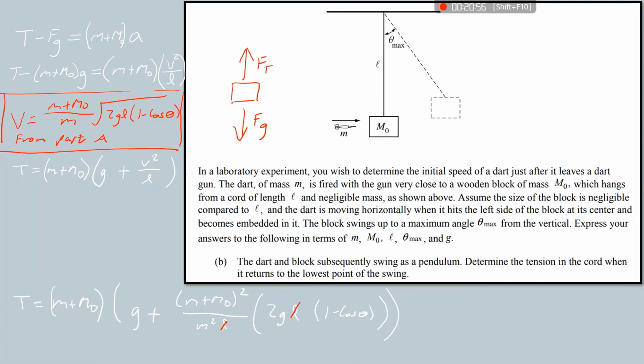I don't think I can pull anything else out here. I can pull one G out maybe. So this would be G and 1.